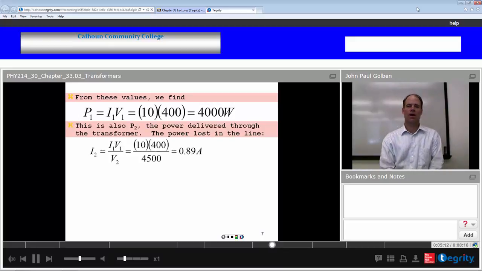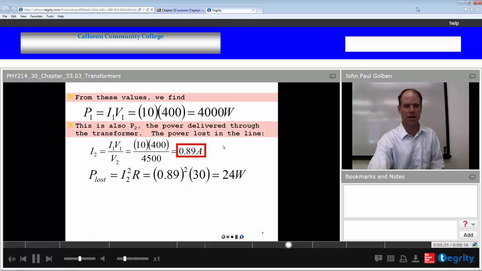So the power lost in the line will be found from the power in the secondary divided by the voltage of the secondary, 4,500 volts. So our current in the secondary line is 0.89 amps, and hence our power lost will be that current, 0.89 amps squared, times the resistance of the load, 30 ohms, or 24 watts.